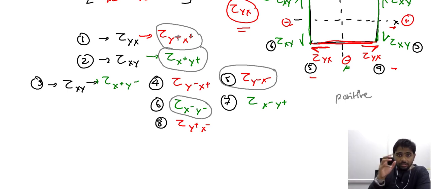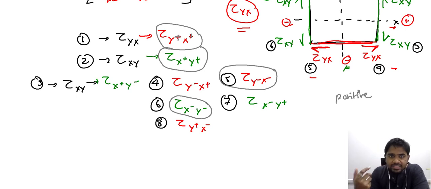So the way we distinguish a positive shear stress from the negative shear stress is that when the signs associated with the stresses are identical, then we refer to that as the positive shear stress. So in this case, we have plus plus, plus plus, and we have minus minus and minus minus. In 1, 2, 5, 6, we have plus. So identical signs.